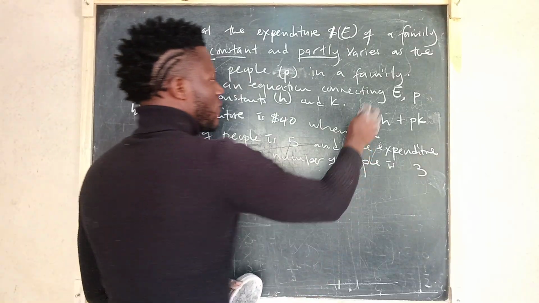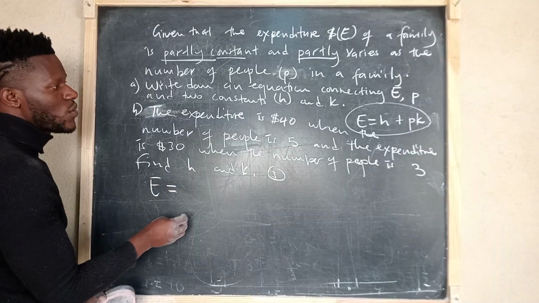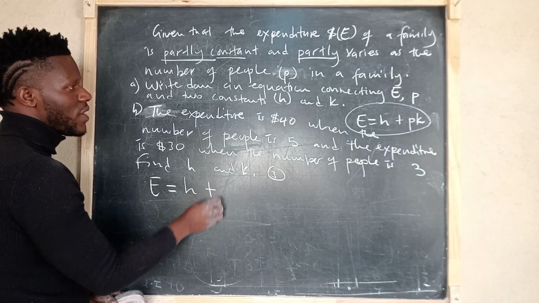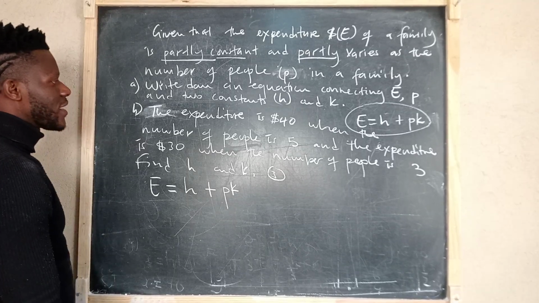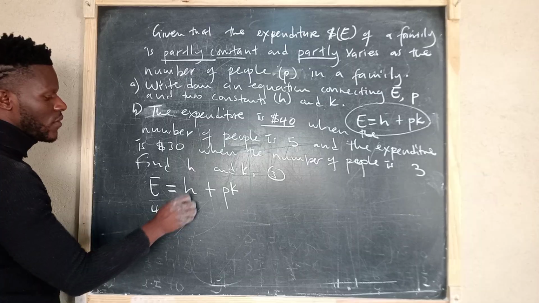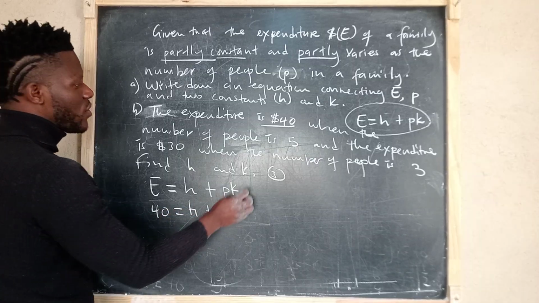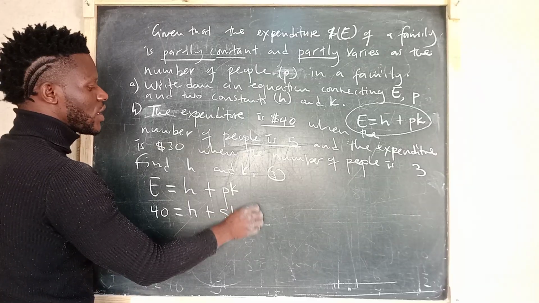Still we go back to this formula. Here it is. Expenditure equals H plus PK. Then we say we are given two sets. Expenditure is 40 when the number of people is 5. So that's H plus 5K, equation 1.